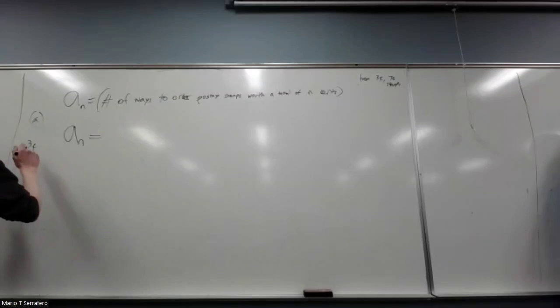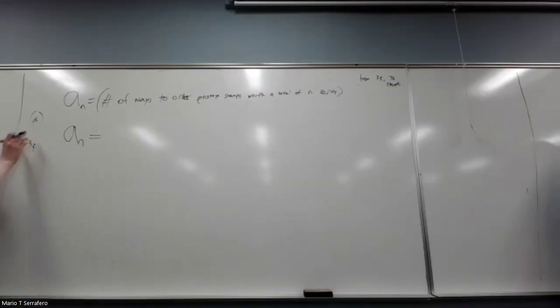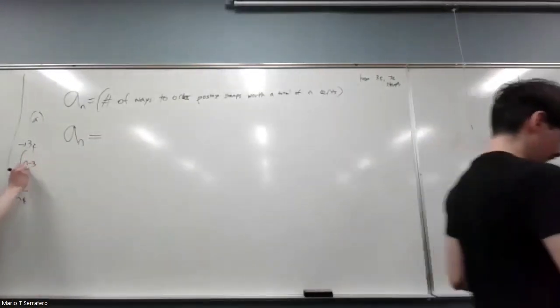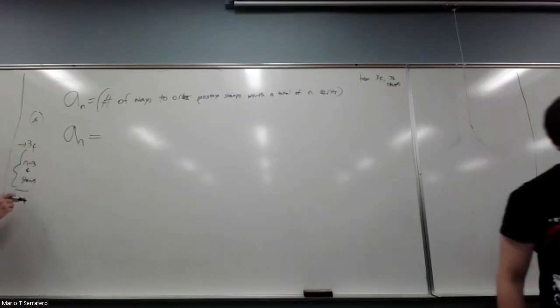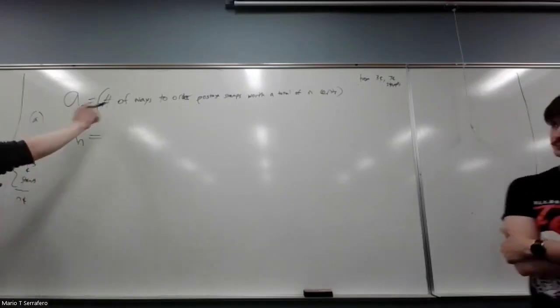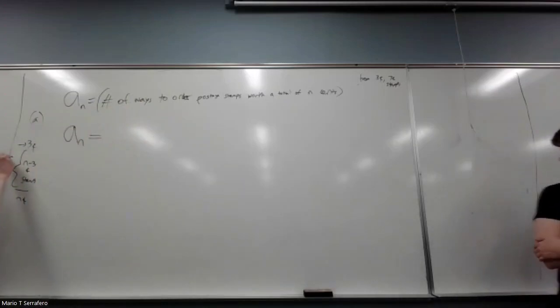So if you start with a 3 cent stamp, then to fill in the rest of the stamps to sum to n cents, you need a sequence of n minus 3 cents worth of stamps. And the recurrence tells us that this is a sub n minus 3.